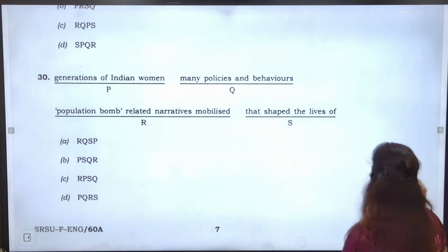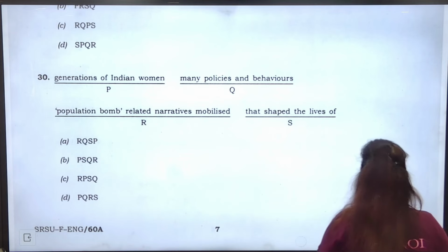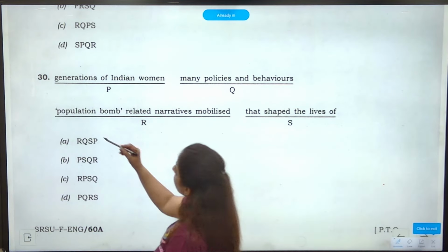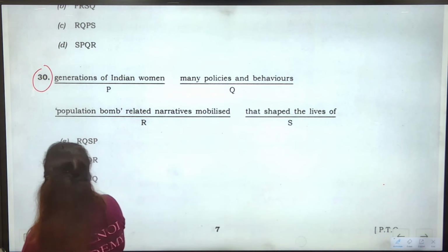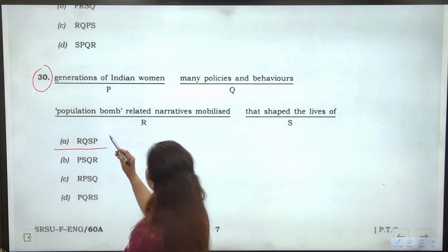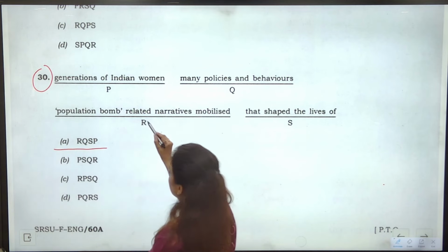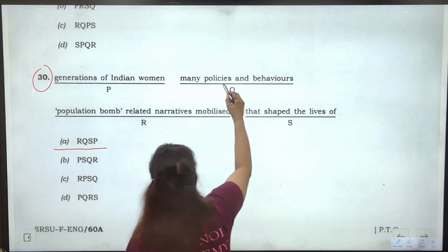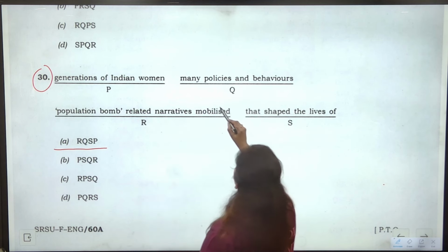Last question, Question 30. Let's read the Alpha option: RQSP. Population bomb related narratives mobilized many policies. Sense is being made. Mobilized what?